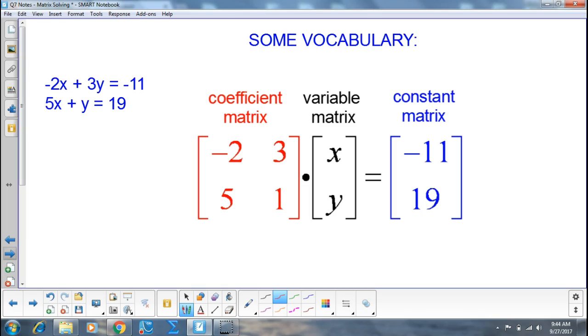If I want to set that up into a matrix equation, the first matrix is going to be the coefficients of my variables, in order, left to right, top to bottom. My second matrix is going to be the variable matrix.